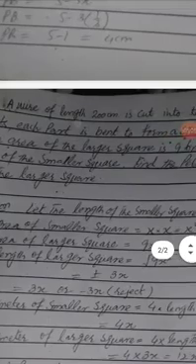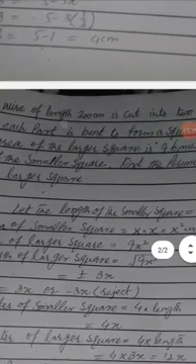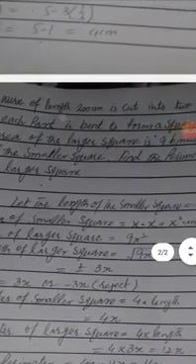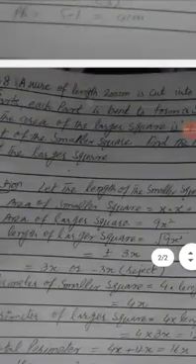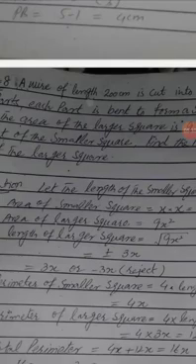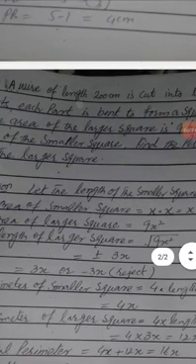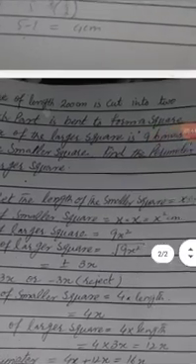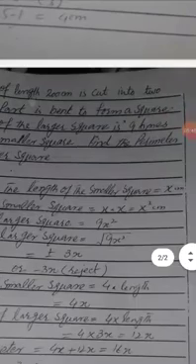First we will suppose the length of the smaller square. So let the length of the smaller square be x centimeter. Area of the smaller square is x multiply x, because the area formula is side multiply side, or length multiply length. So x multiply x, its answer will be x square.